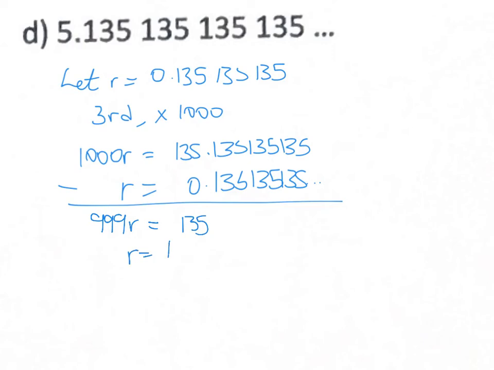So r equals 135 over 999, which simplifies down to 5 over 37. But what we were asked for in the question was 5.135135135. What we've looked at is 0.135135. So our answer then is going to be 5 and 5/37.